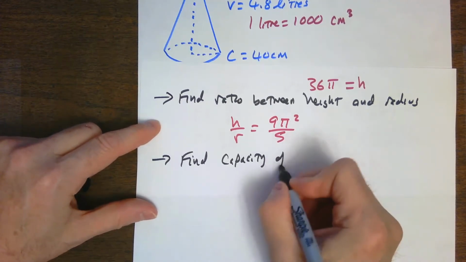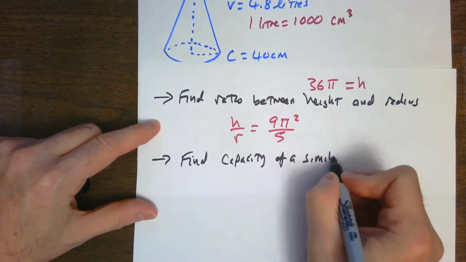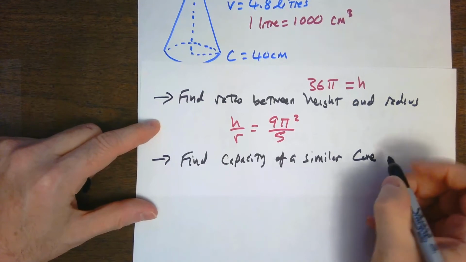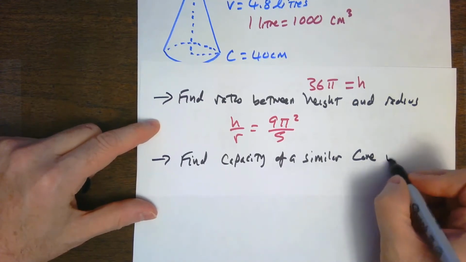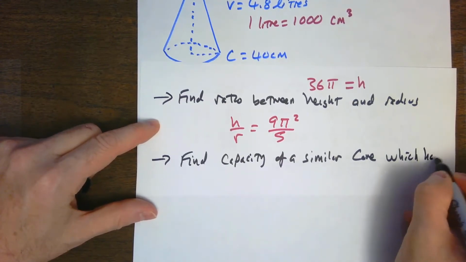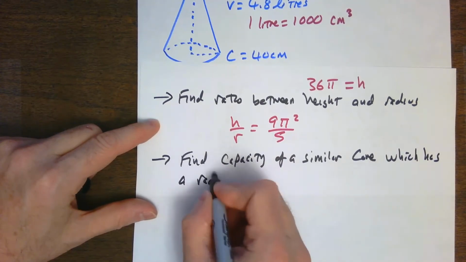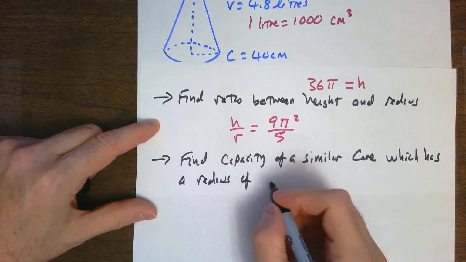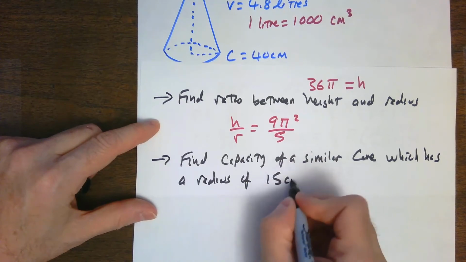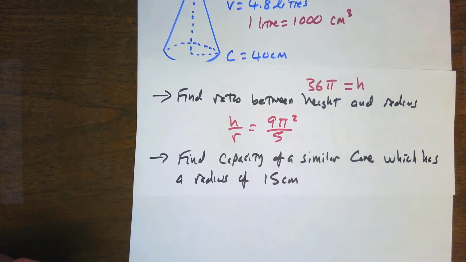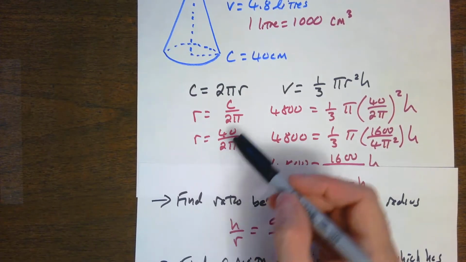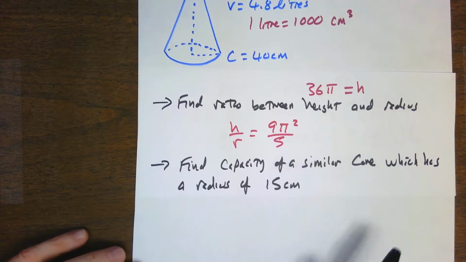Find the capacity of a similar cone, which has a radius of 15 centimeters. So our cone had a radius of 20 over pi centimeters.